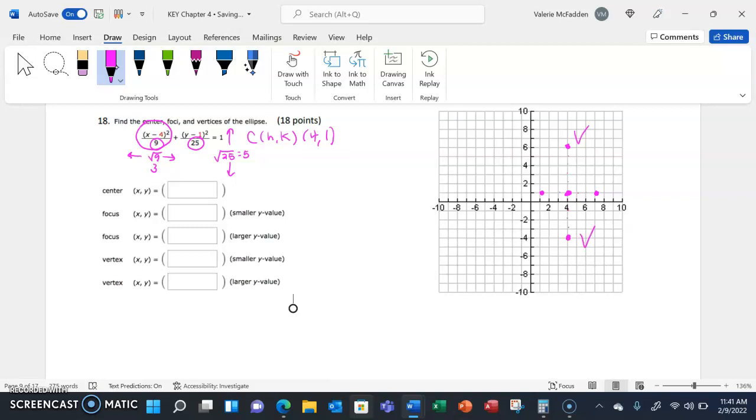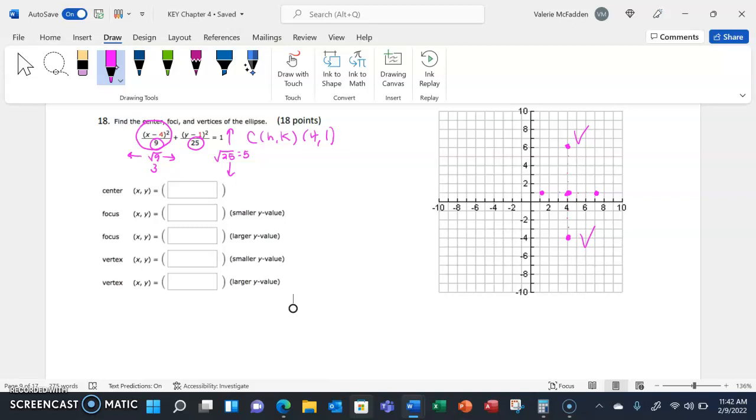Okay, because it's longer up, down, that's called your major axis, and your major axis has your vertices on it.